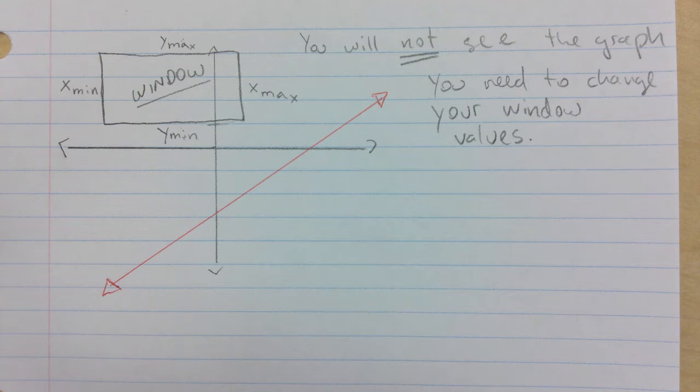You're going to think you made a mistake. Really, you just need to change those values. This would not be a good window. You probably would want to see the origin somewhat and everything, like the intercepts and all of that as well. So that's basically what the window does, okay? So I hope that helps a little bit.